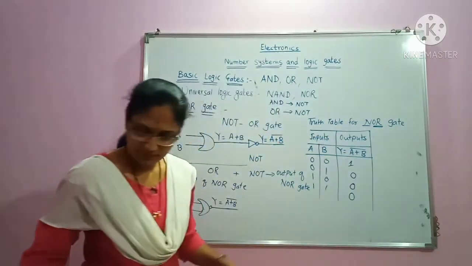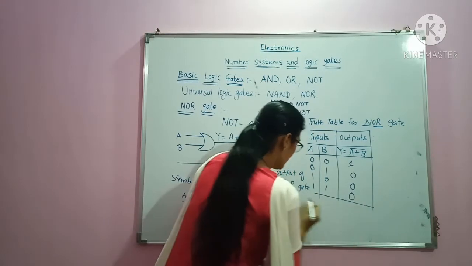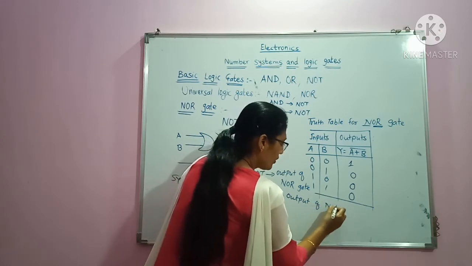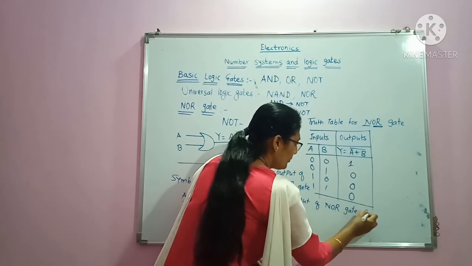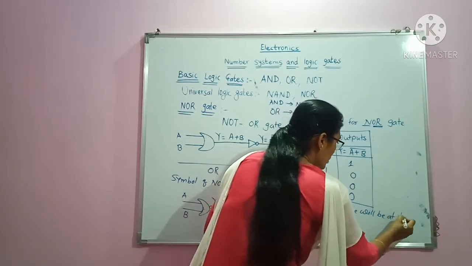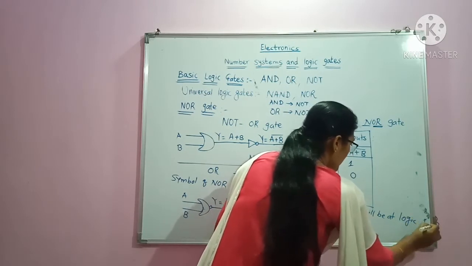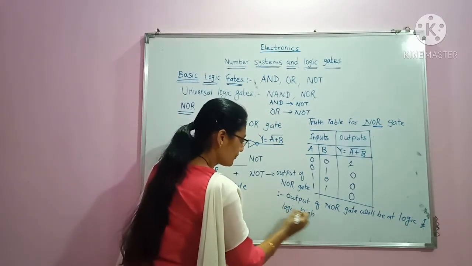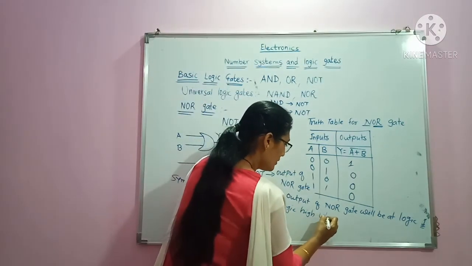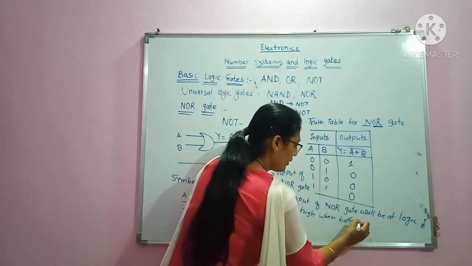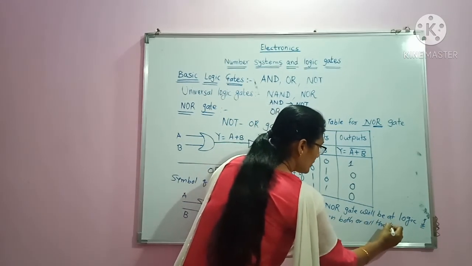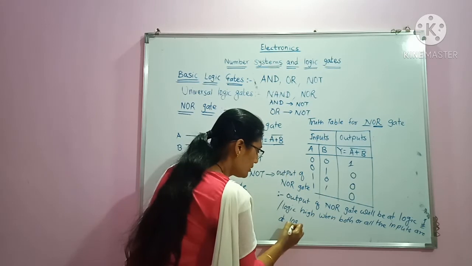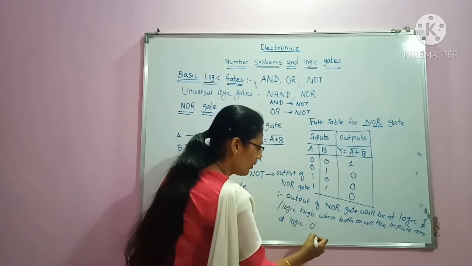I will write here the conclusion: output of NOR gate will be at logic 1 or logic high when both or all the inputs are at logic 0 or low.